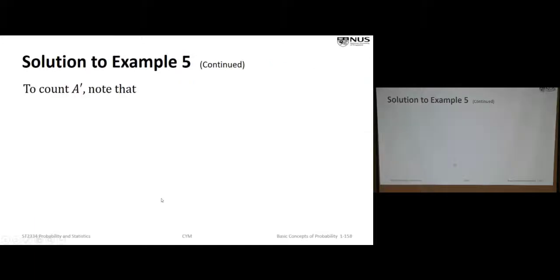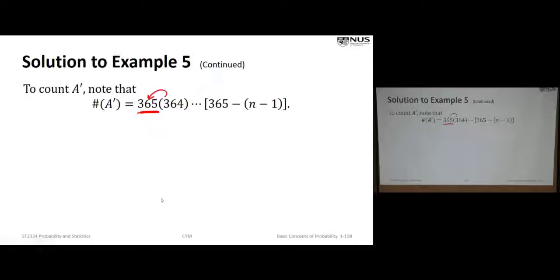All right, so now we ask ourselves, pick one person, the birthday, any one day of this 365. Pick the second person. Now this person, the birthday, we want it to be different from the birthday of the first one. So left with 364 choices for it, right? Then after these first two persons, the third one will be 363, and so on until you reach 365 minus n minus 1.